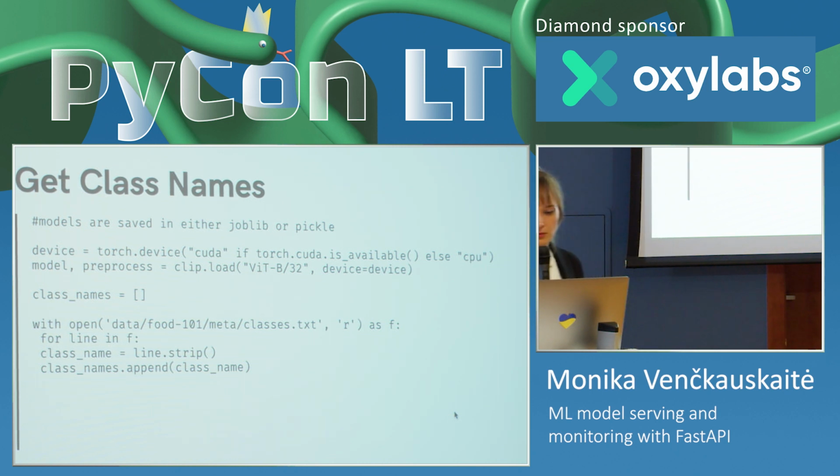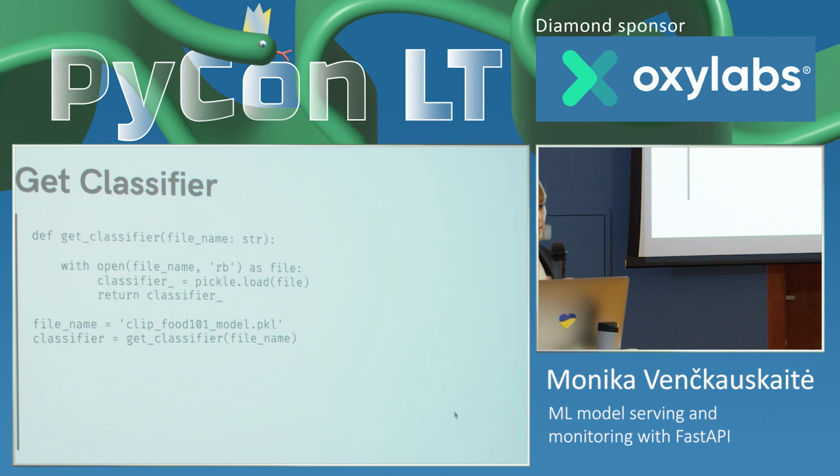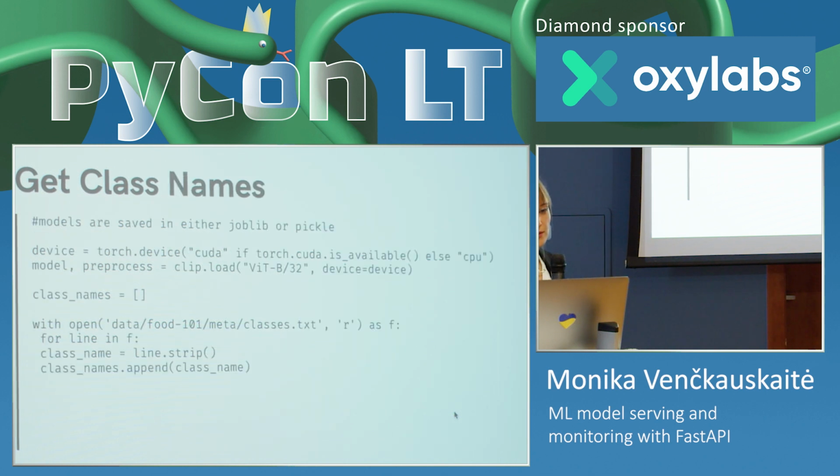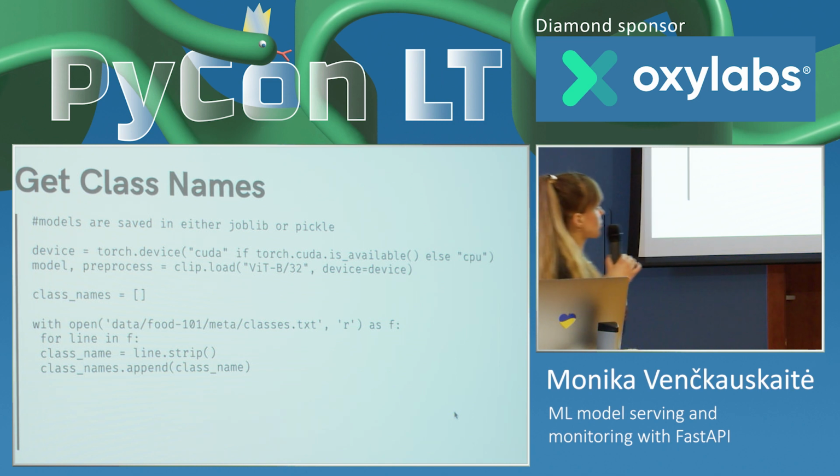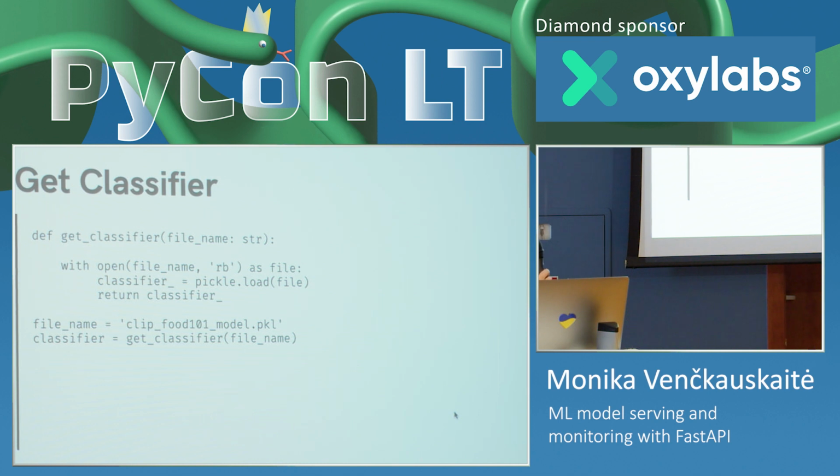So you just load the classes file. Also, I didn't mention that we load the model from the Torch library. Now we're getting the classifier. The classifier was stored inside a pickle file. You just load it.